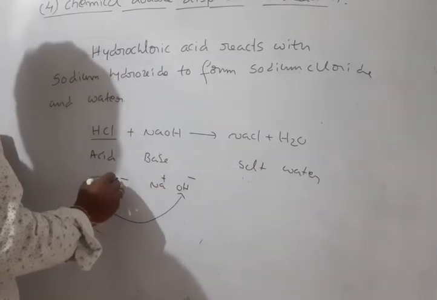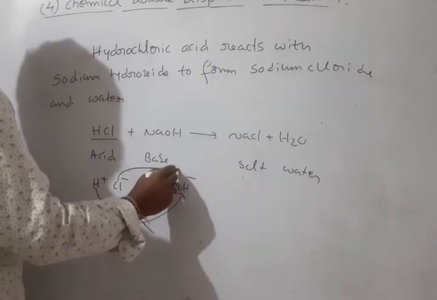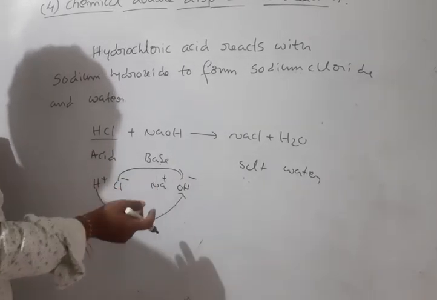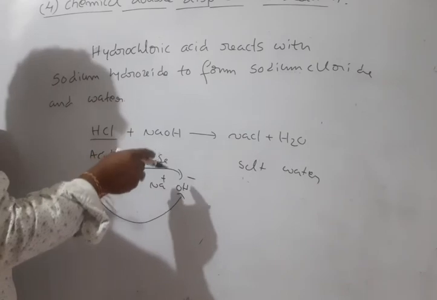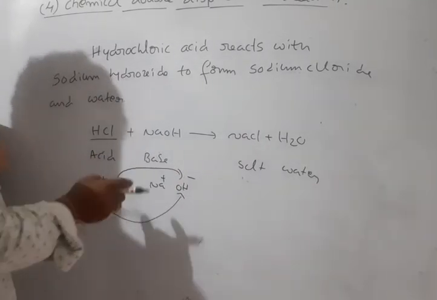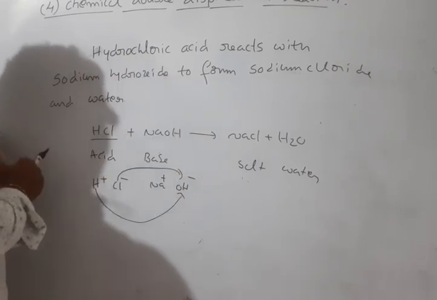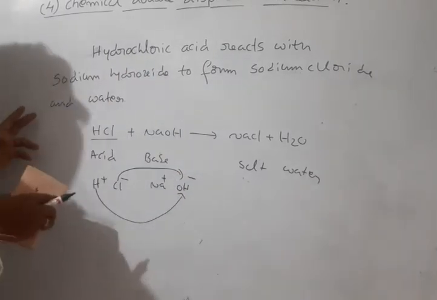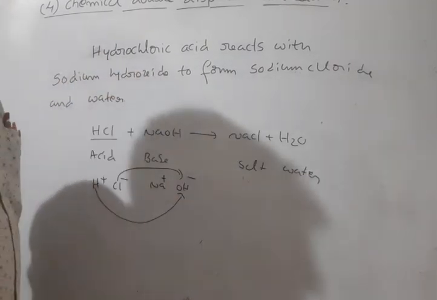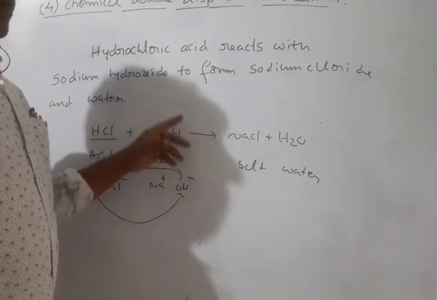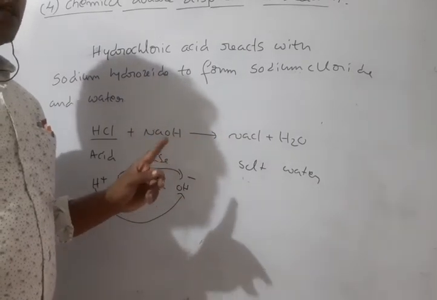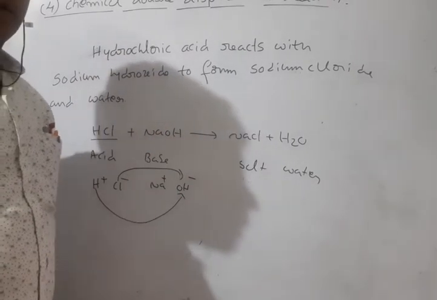So very clearly here mutual exchange of radicals takes place. So we call it double displacement. Particularly it is a neutralization reaction. So neutralization reactions are also called chemical double displacement reactions. So this is about types of reactions. Particularly in double displacement, we have two types. One is the precipitation, second one is the neutralization reaction.